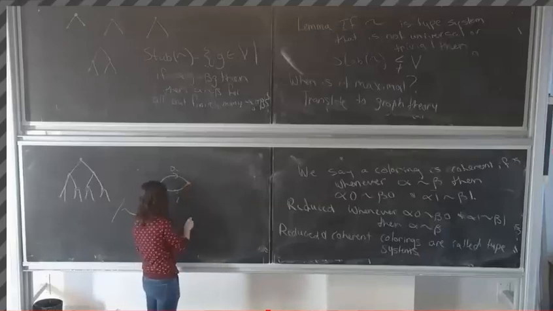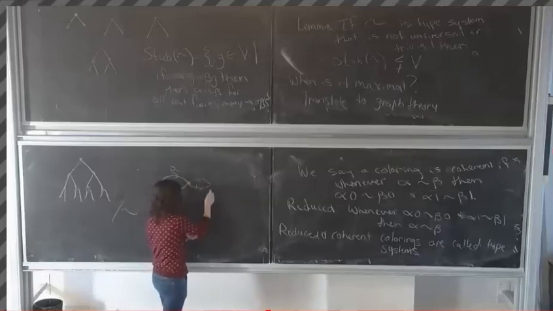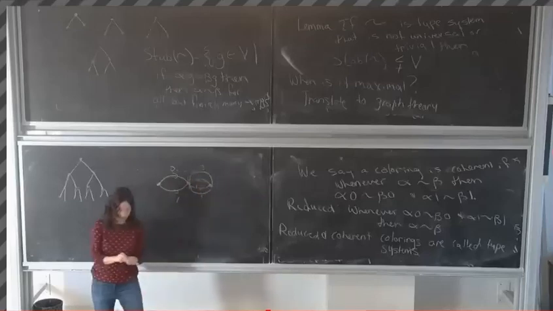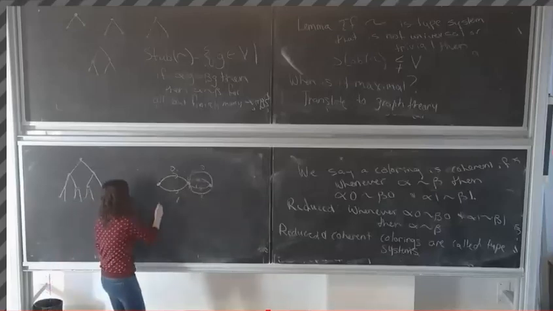Then if I read a 0 or a 1 out of my red vertex, I go to a green vertex. And if I read a 0 or 1 out of my green vertex, it takes me back to red. And this is what we'll call the type graph.